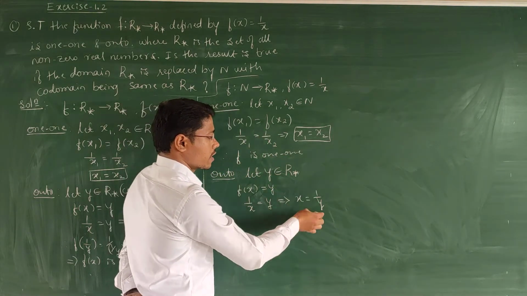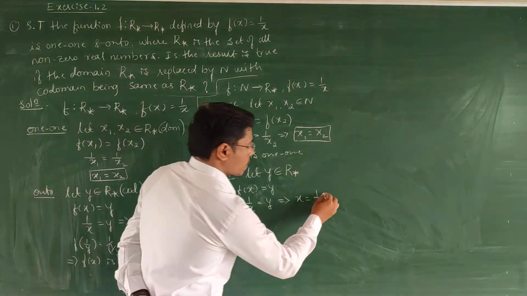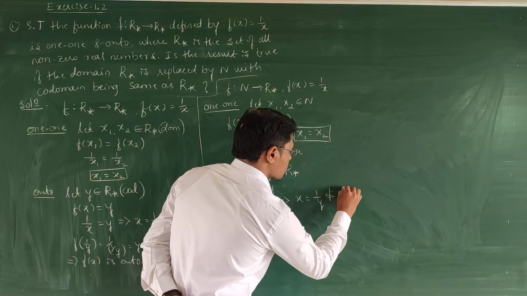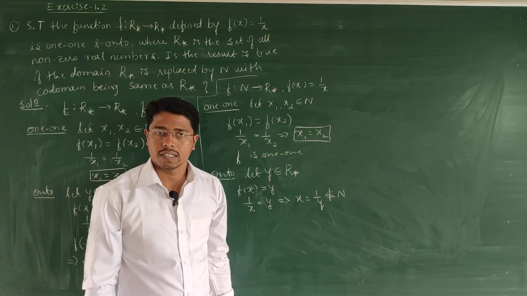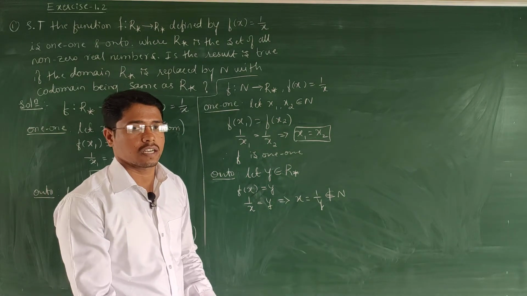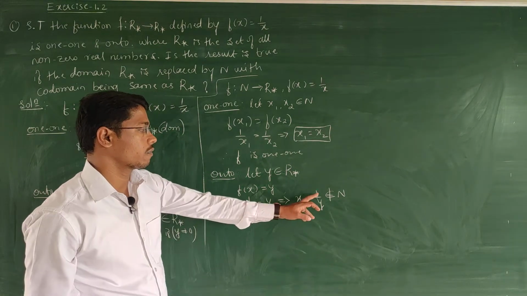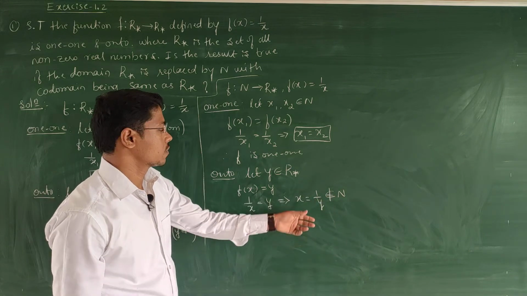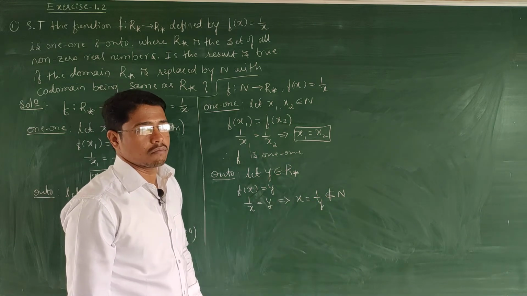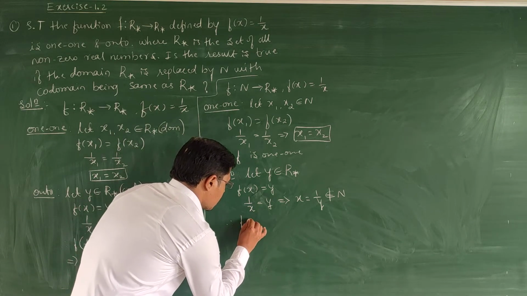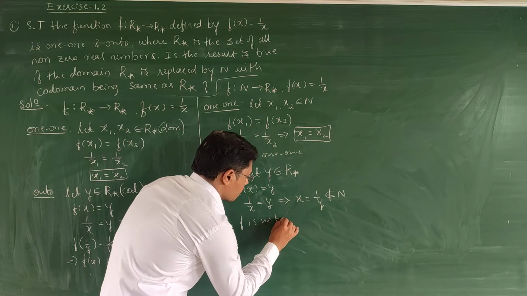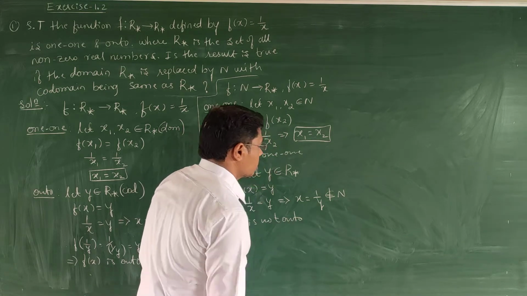So 1 by y is a rational number. This doesn't belong to the set of natural numbers. P by Q form numbers are not in the set of natural numbers. Therefore it doesn't belong to n. So it doesn't belong to n means f is not onto.